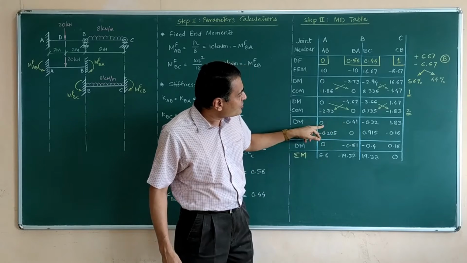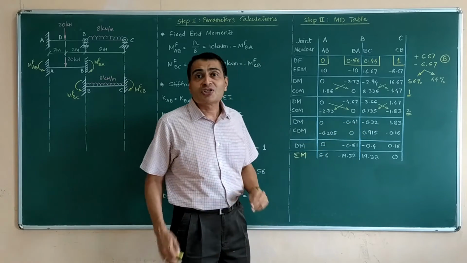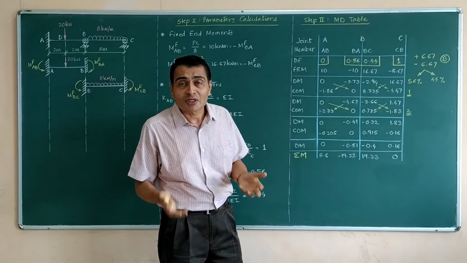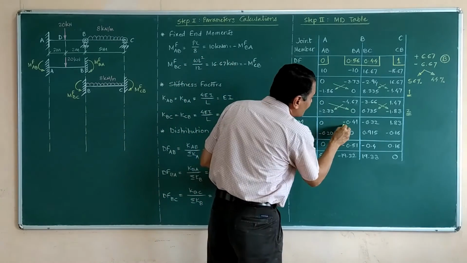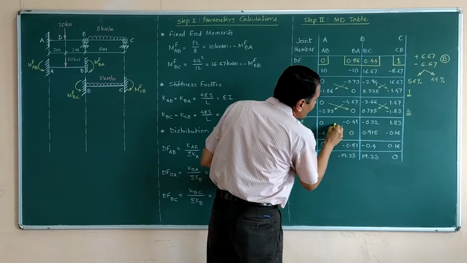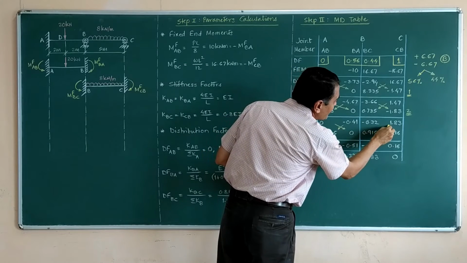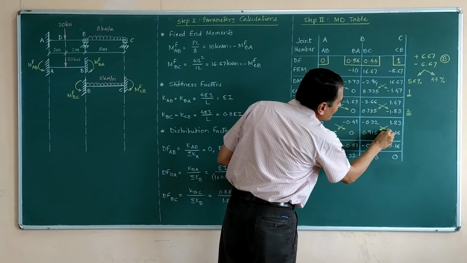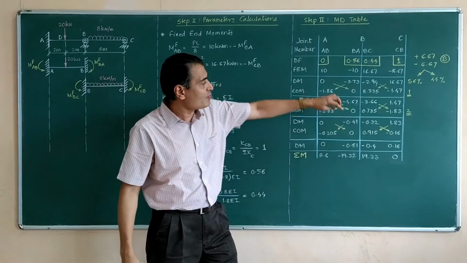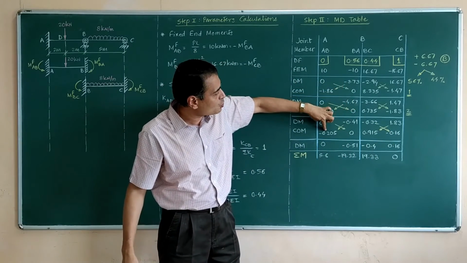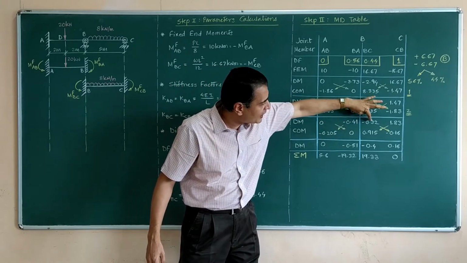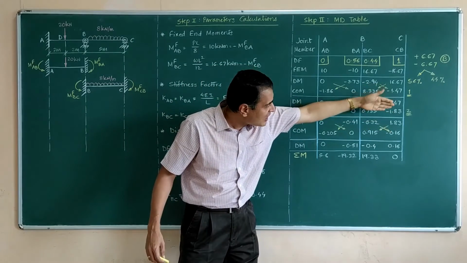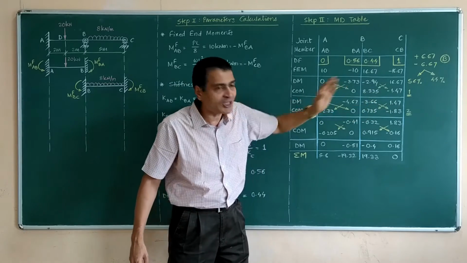These are my moments. Distributed moments. Distributed as per distribution factors. What will happen to them? They will be carried over to the other end as half the moments. So half of minus 0.41 is minus 0.205, half of 0 is 0, half of minus 0.32 is minus 0.16, half of 1.83 is 0.915.